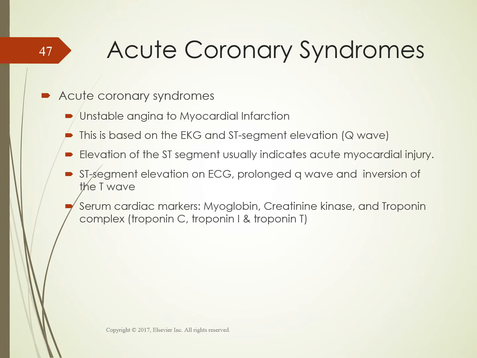So CK exceeds the normal range within 48 hours of a myocardial injury and declines to normal within 2 to 3 days. There are 3 isoenzymes of CK, with the MB isoenzyme being highly specific for injury in myocardial tissues.